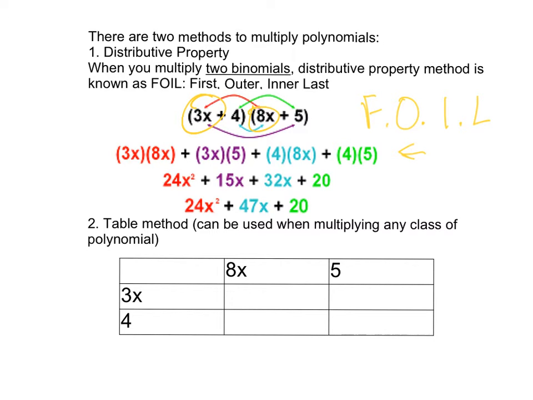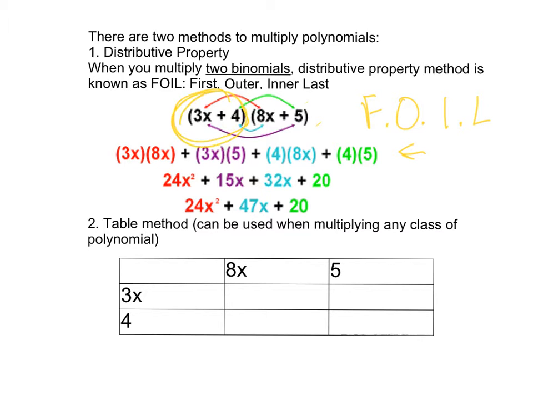First of each, then outer of each, then inner of each, then last of each. FOIL. Another way you can do it is by using a table. In the table, it doesn't matter which terms go across and which ones go up and down, as long as the ones that go across are different from the ones that go down.